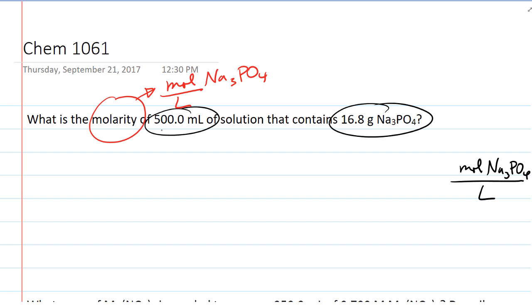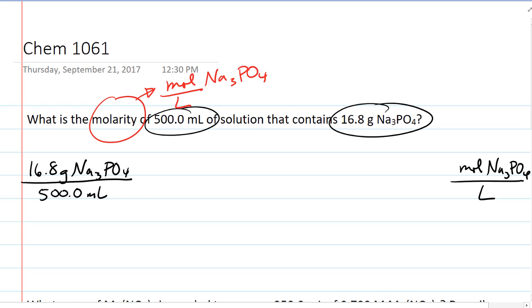So we then want to put them in a calculation like this. We'd put in the 16.8 grams of Na3PO4 for every 500.0 milliliters of the solution. And I'm just going to put SOL in to abbreviate solution, because this is really moles per liter of solution.